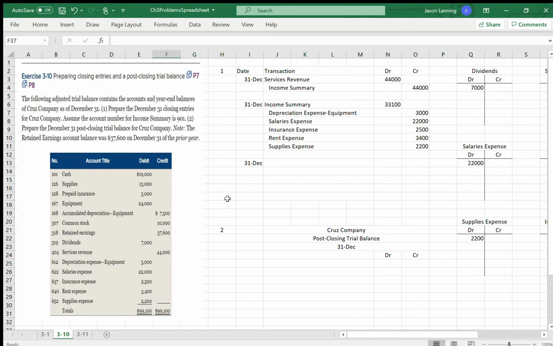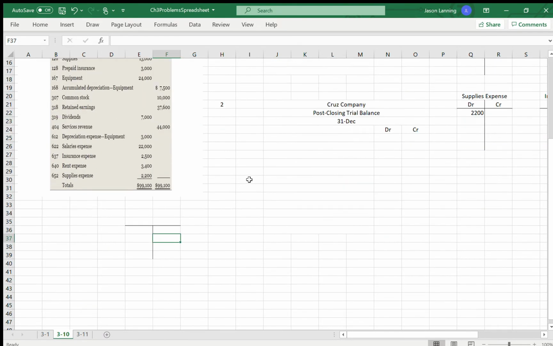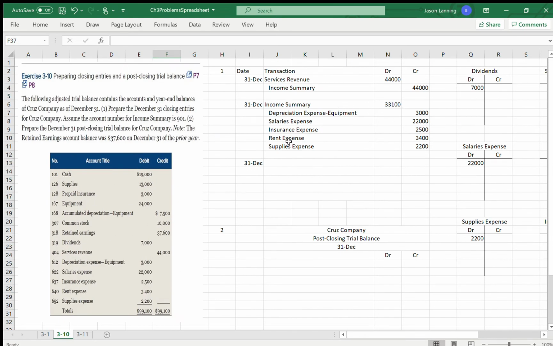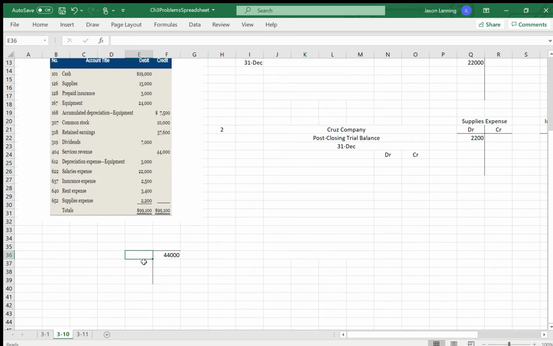Okay. So if we look at this, we have a credit for 44,000 in income summary, and we have a debit for 33,100. So what would our balance in income summary be? It would be on the credit side.